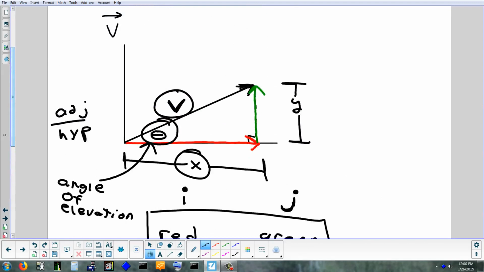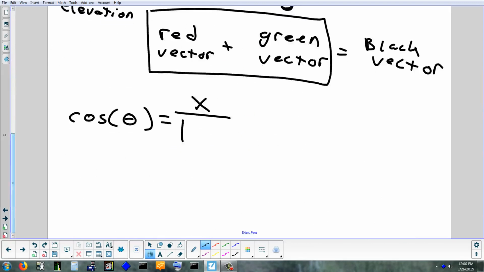So how do you represent the length of the hypotenuse? Well, we've got a name for the hypotenuse, so we want to use that name, but it's not just that, because this is bold. V is bold. The x and the y are not bold. Those are just lengths, yeah? The magnitude of V. Yes. The magnitude of V.